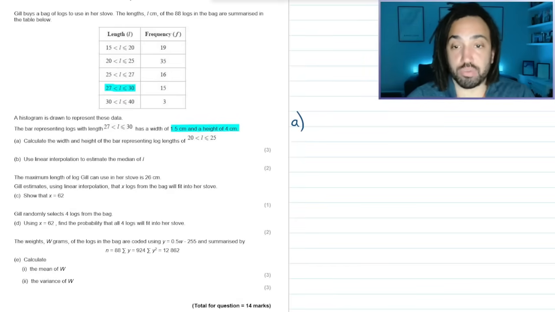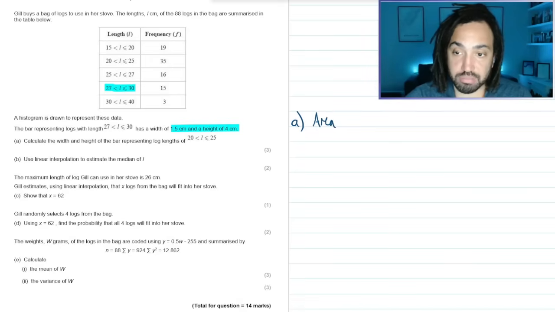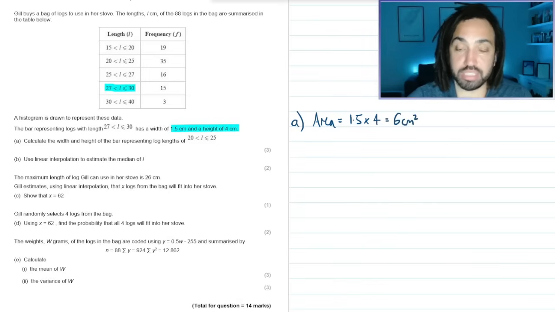So calculate the other widths. Okay, so that means that it has an area equal to 1.5 multiplied by 4, which is equal to 6 centimeters squared.